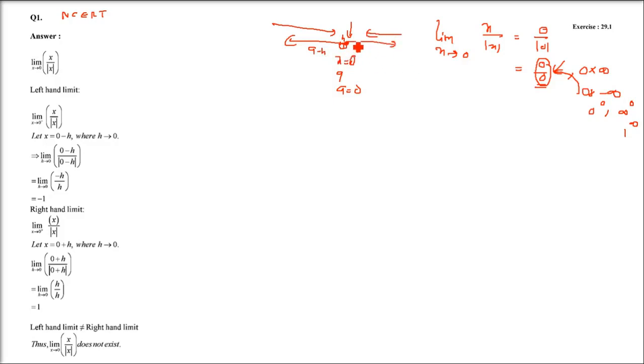If we start from the right hand side and go up to this 0 point, we stop at h distance from a, but it cannot be 0 because it is undefined. So we stop just before 0, at a plus h. We'll stop at a minus h from the left and a plus h at the right, and these we are going to put in the limits.